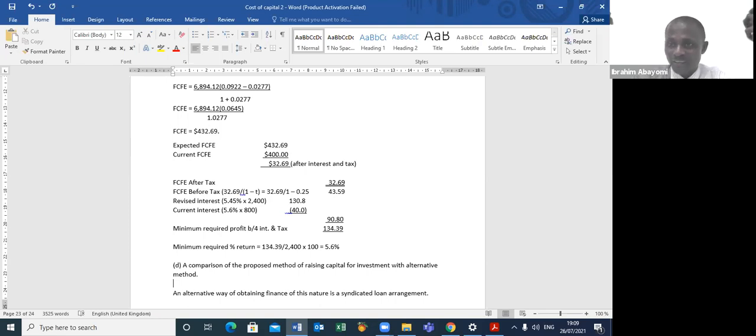The euro has appreciated against the naira. In that case, you will need to pay more naira in order to settle interest payment, and even when you want to redeem that debt. So it's a major disadvantage of syndicated loan.